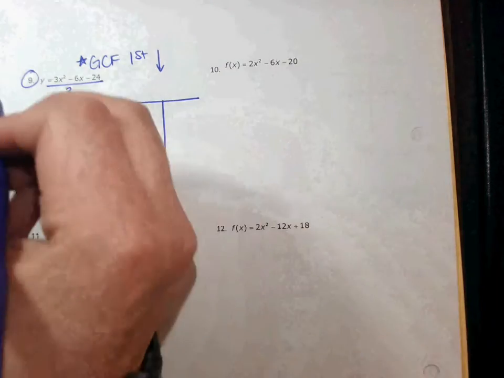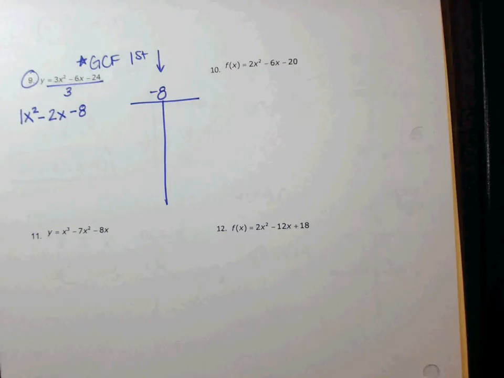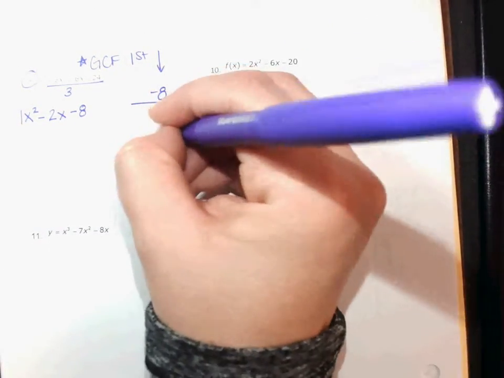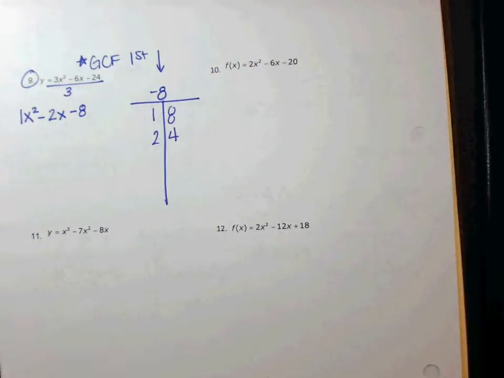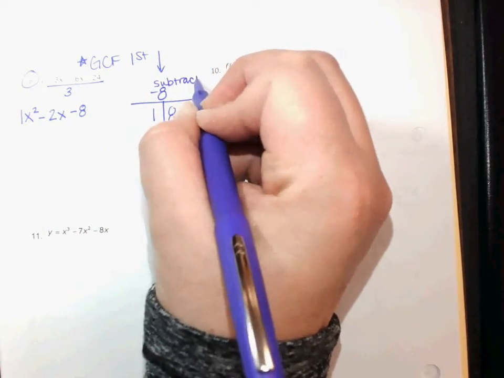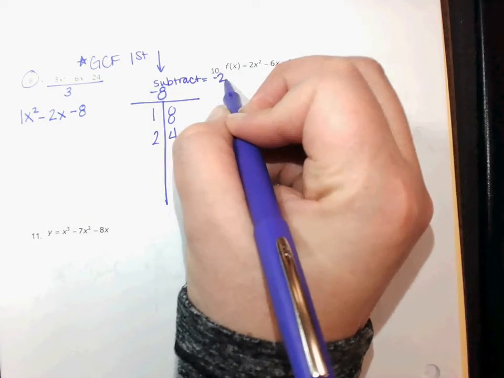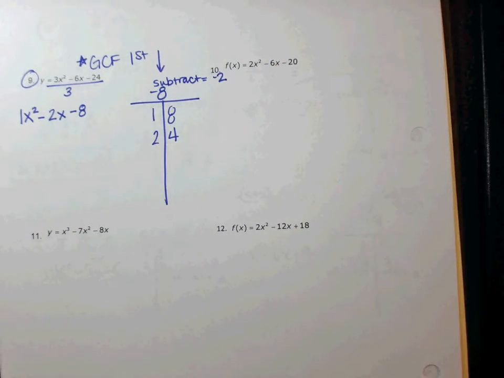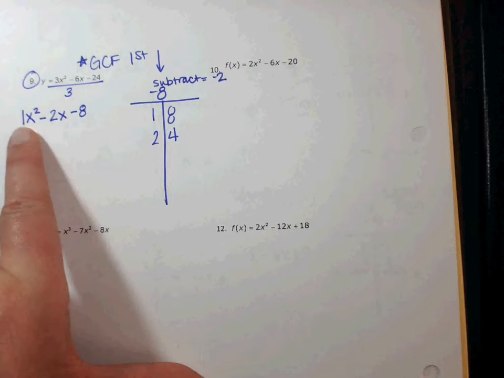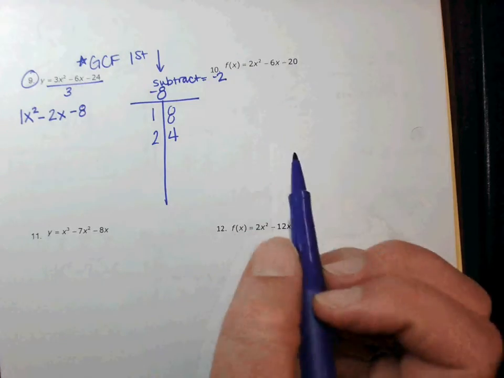So I have 1 times negative 8 is negative 8. What are my factors? 2 and 4. Okay, remember the negative tells me that I need to subtract. What do I want it to be when I subtract? Negative 2, because remember, we're using our new numbers right here. So which of those are going to subtract to negative 2? 2 and 4.